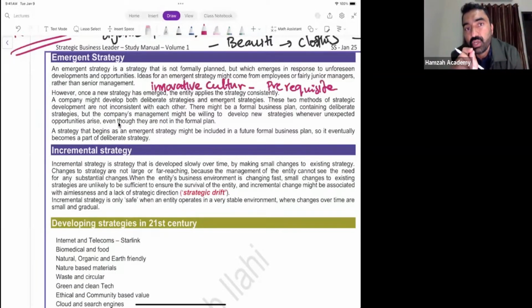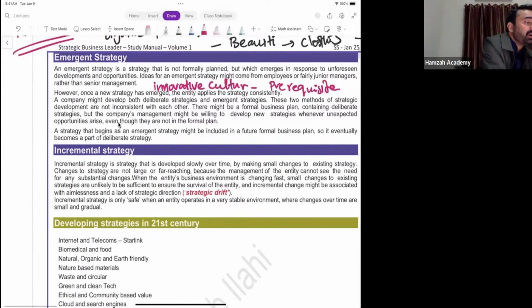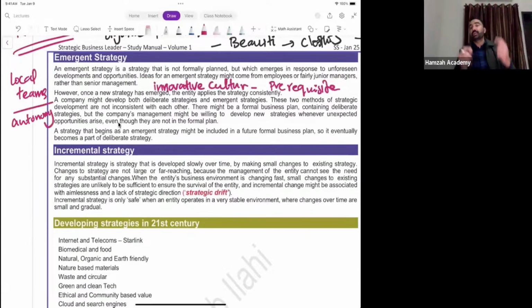An innovative culture comes where the top management has given autonomy and authority to the local teams. How do you give autonomy to local teams? This happens, for example, when your Mauritian company also has operations in Tanzania, Botswana, Kenya, Mozambique, South Africa.